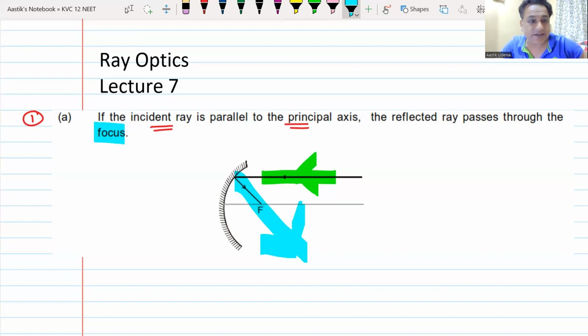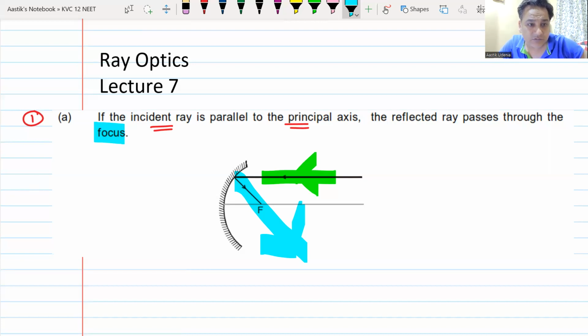What happens in the case of a convex mirror? What happens to the ray which is parallel to the principal axis? Do we know this?